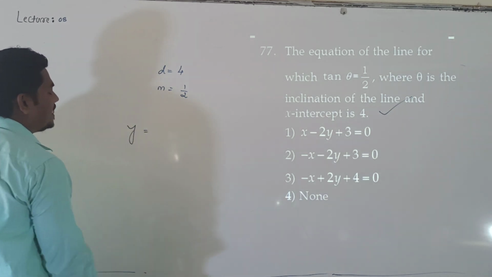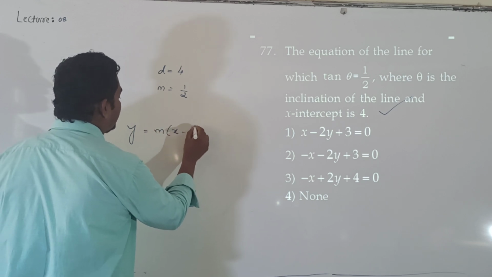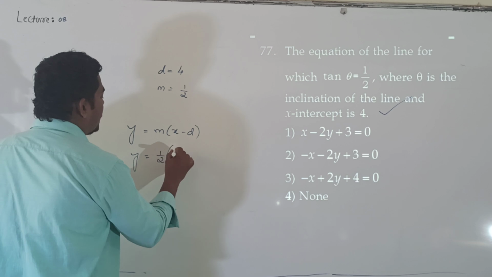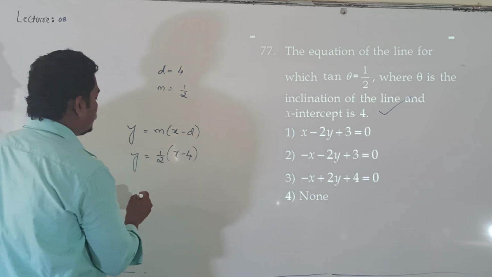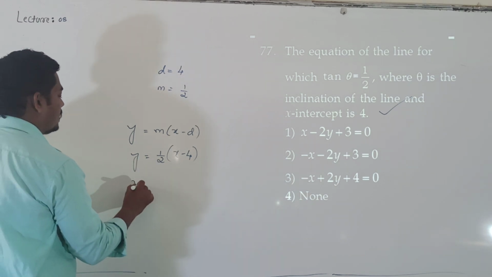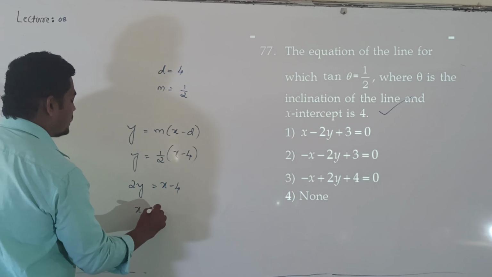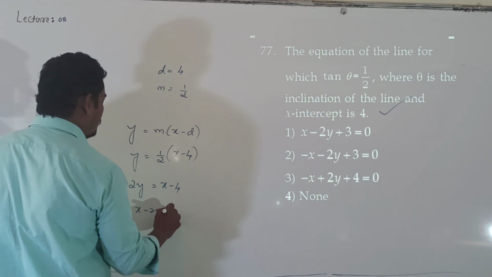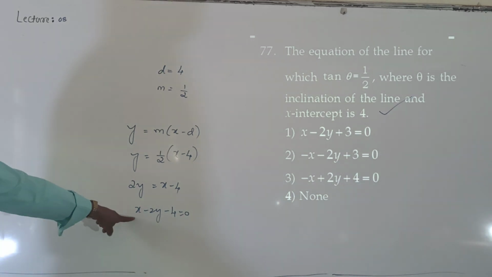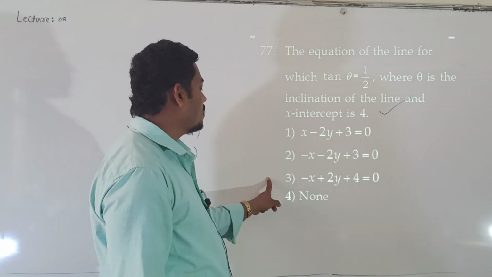Whenever x-intercept and slope are given, then the equation is y equals m into x minus d. So y is equal to 1/2 into x minus 4, right? Then just rearrangement: 2y is equal to x minus 4. Then x minus 2y minus 4 equal to 0.